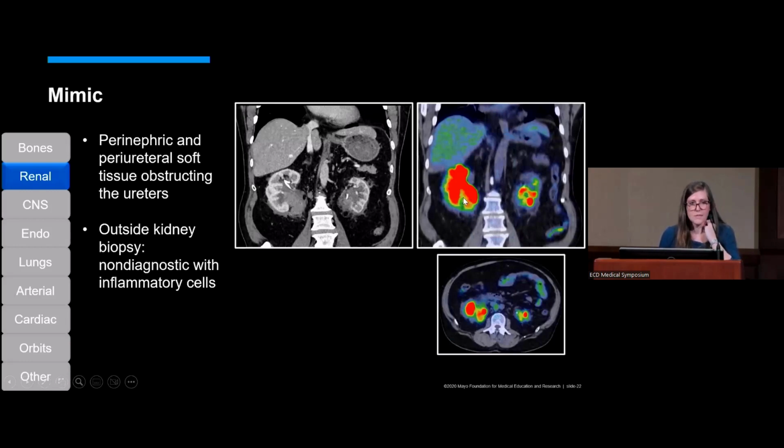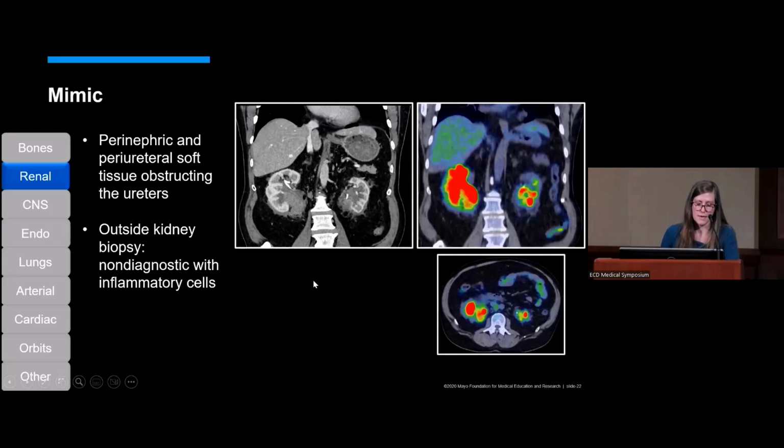Sometimes this can be challenging to see on the FDG PET CT because you have such high physiologic FDG activity in the urine. As you can see, all these bright reds are just urine activity, but there is some FDG uptake in that soft tissue component. And he also had a mildly FDG avid retroperitoneal node as well.